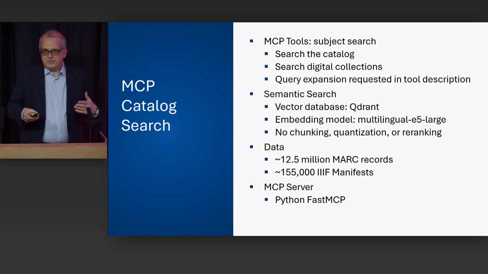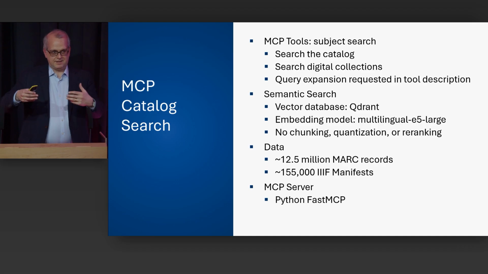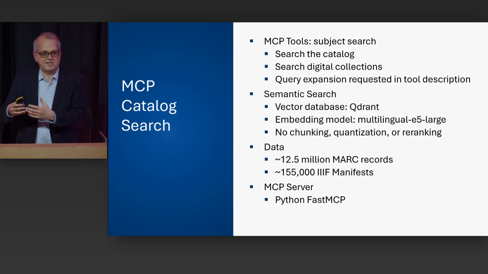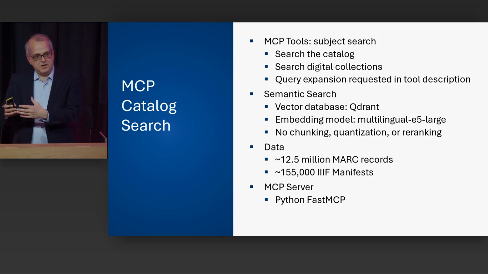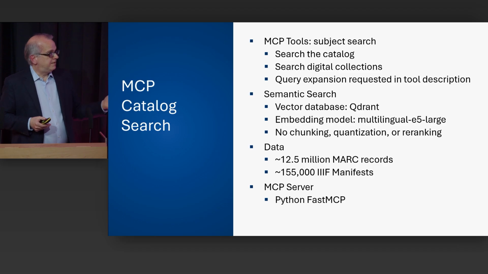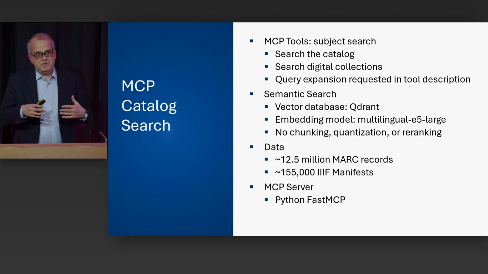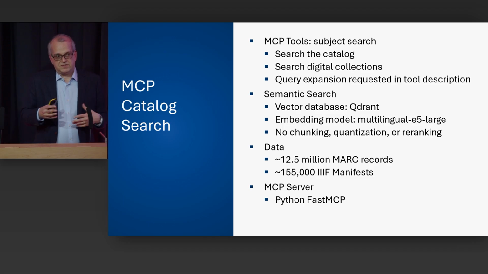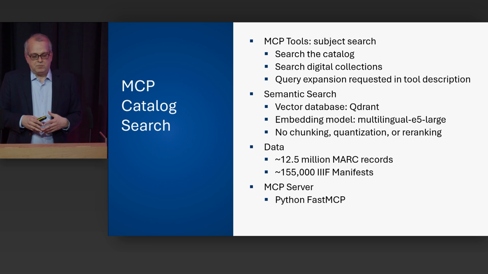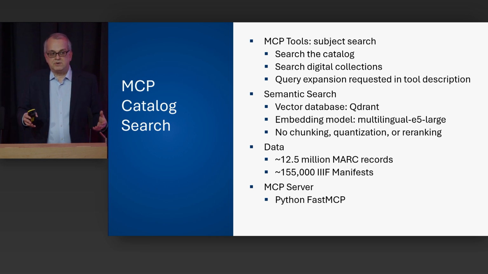What this amounts to is a RAG system where Claude Desktop is the AI and the vector database essentially is behind MCP and hosted on our library infrastructure. We implemented an MCP server with 2 distinct MCP tools. One of them performs a subject search or a vector search over the catalog. That's 12.5 million MARC records.